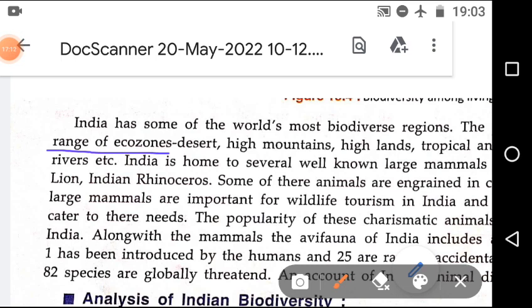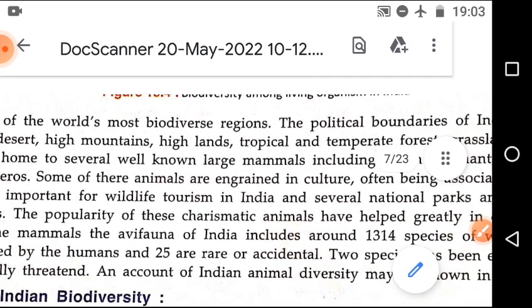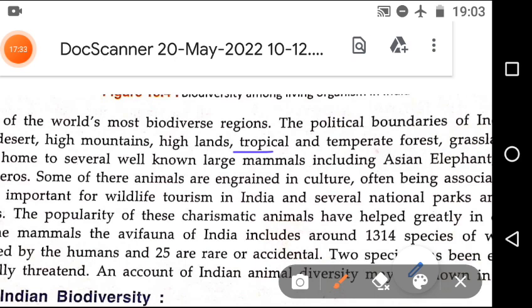Now there is a political boundary as well which divides them into states, but it also has a different range of ecozones, like desert regions, high mountains, and highlands. India also has tropical rainforest and temperate forest.